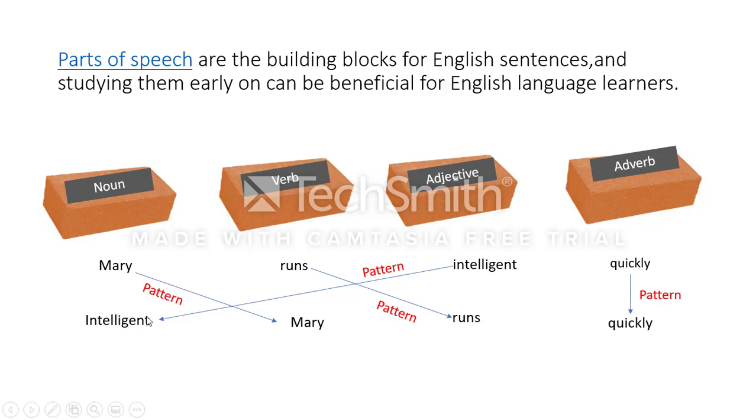Adjectives go before nouns. Or you know that the verb goes before the adverb. The adverb that qualifies the verb will go afterwards. So these are basic patterns: adjectives go before nouns, adverbs go after verbs. This is basic but very important to remember.